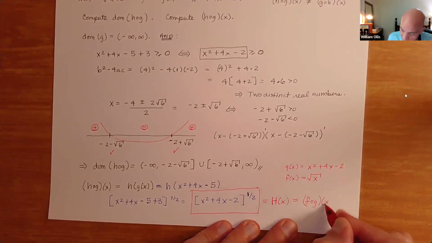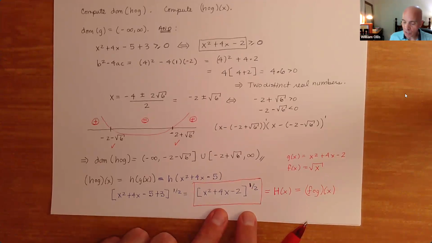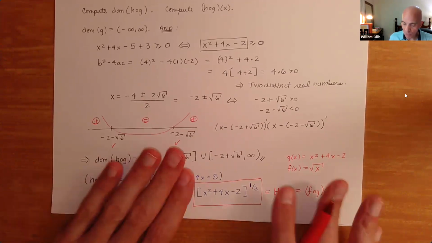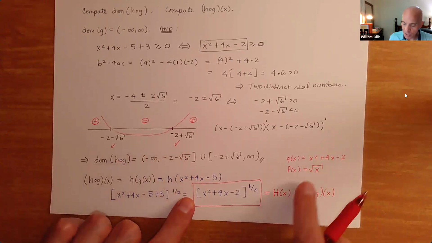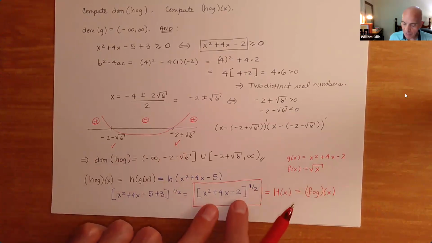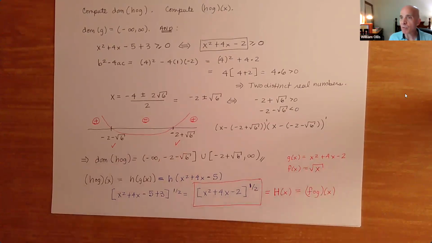So when you're given a function that is actually a composition, then you have more flexibility. So if we start with this, we can just say, well, the outer function is the square root function, and we can define the inner function as x squared plus 4x minus 2, because that would be the simplest way to do it. And in calculus, that would be exactly what we do. We're going to take the simple route because no need to be difficult.